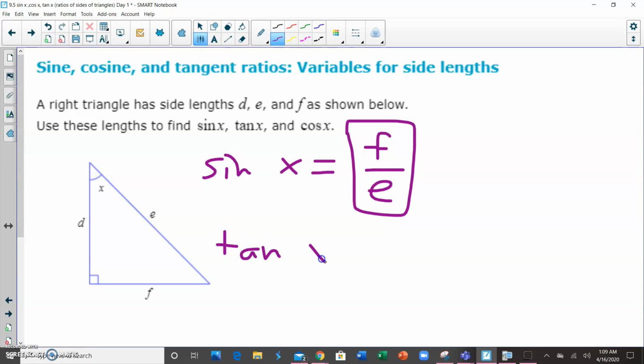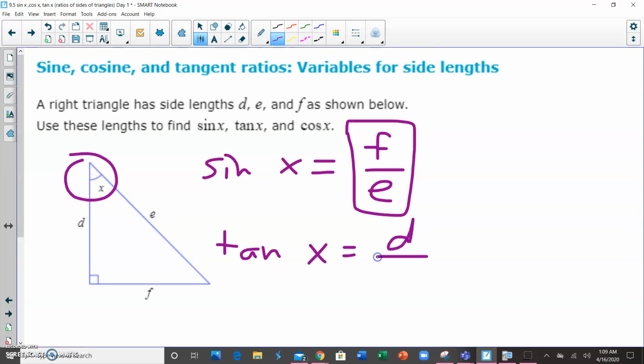Next, we have the tangent of X. That's SOHCAHTOA, the TOA. Remember, we're always dealing with angle X. This is the angle we're dealing with. So we're going to do opposite, which is F, divided by adjacent. Now, D and E are both adjacent, but E trumps as hypotenuse. So E is the hypotenuse, and D is going to be your adjacent.